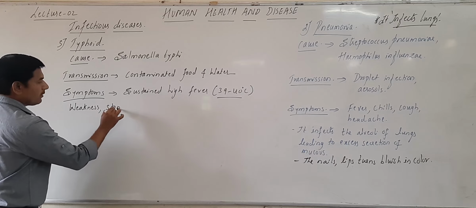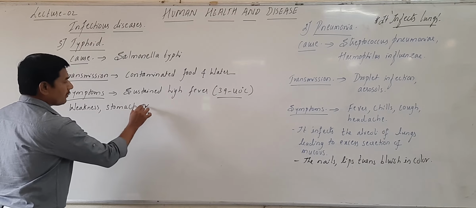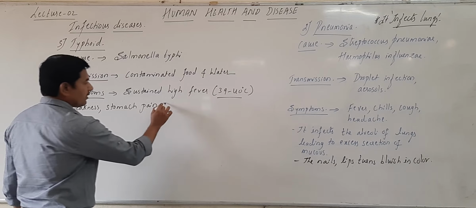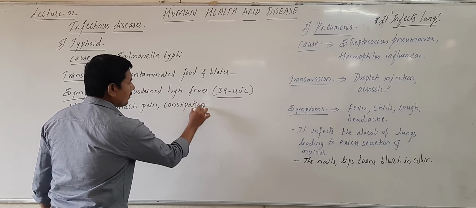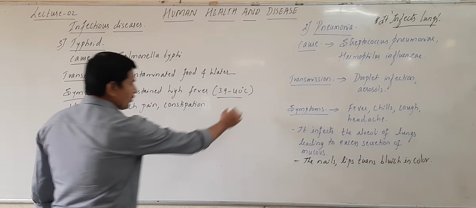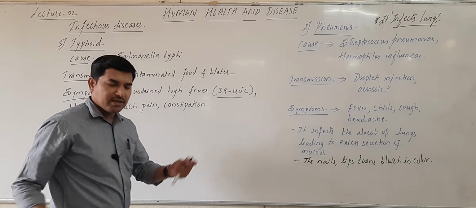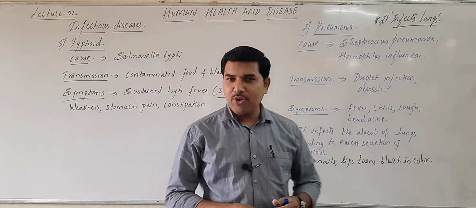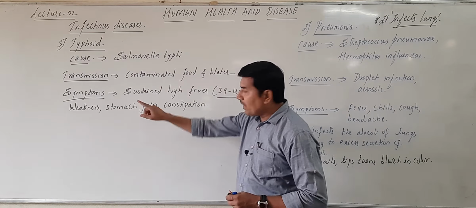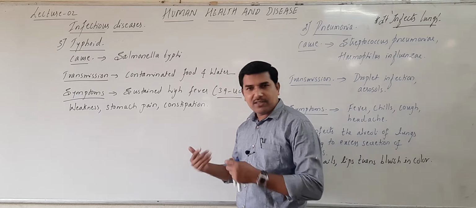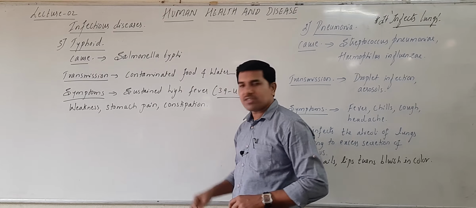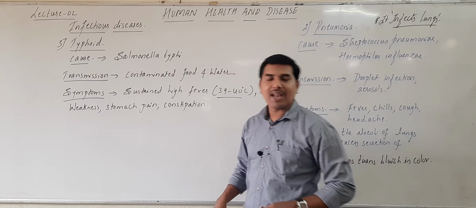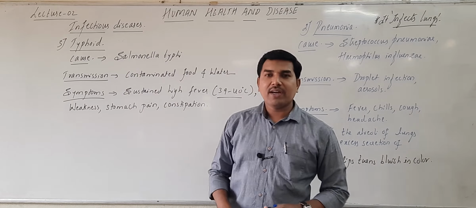stomach pain, constipation. We find such symptoms also apart from this high fever. Major symptom is high fever. Along with this high fever, weakness will be there. In any disease we will get weakness, stomach pain, then constipation, irregular bowel movements in the large intestine, which is a symptom.